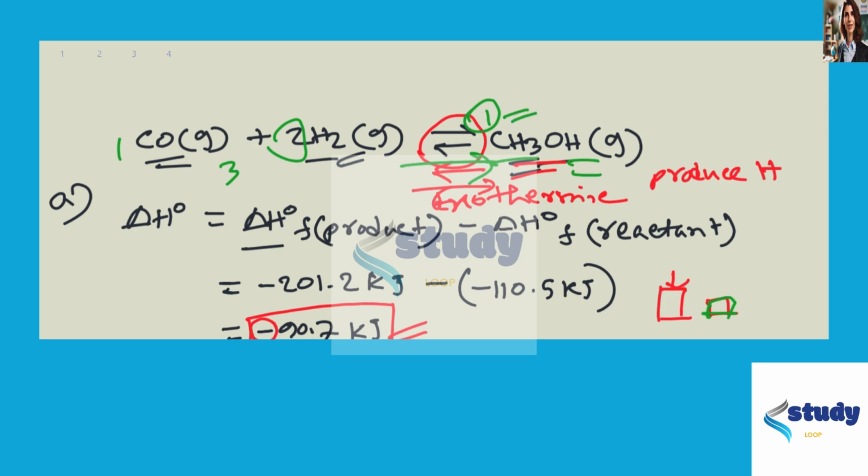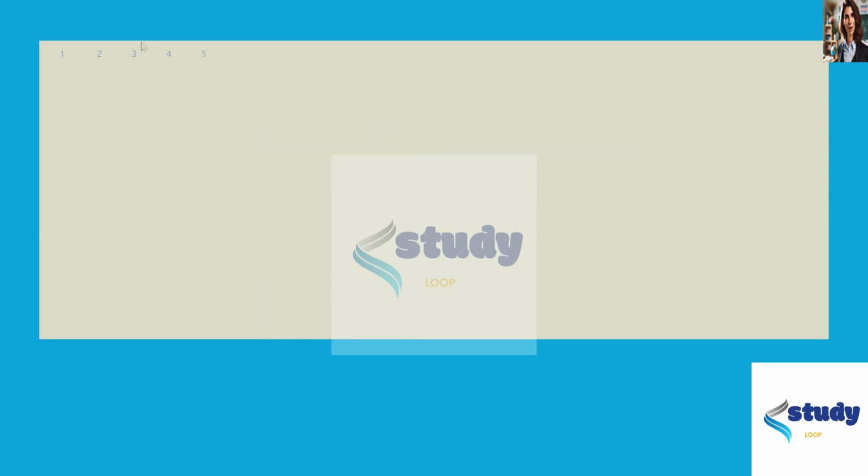And in that way, the maximum equilibrium yield of methanol will be achieved. That means applying higher pressure will shift the equilibrium to the right to produce more methanol, and that's why this reaction will be favored by high pressure.